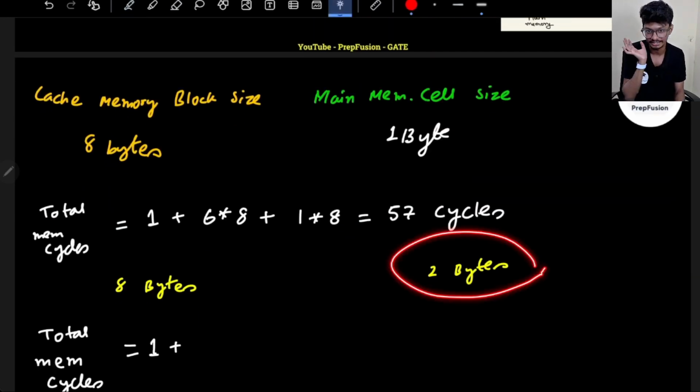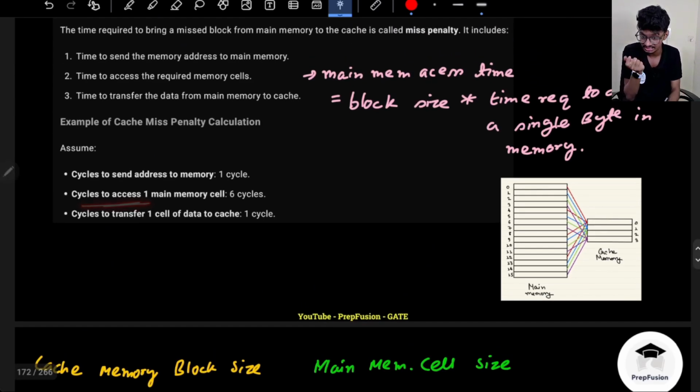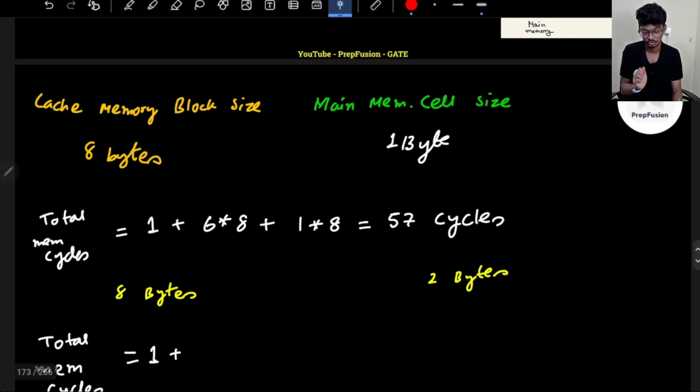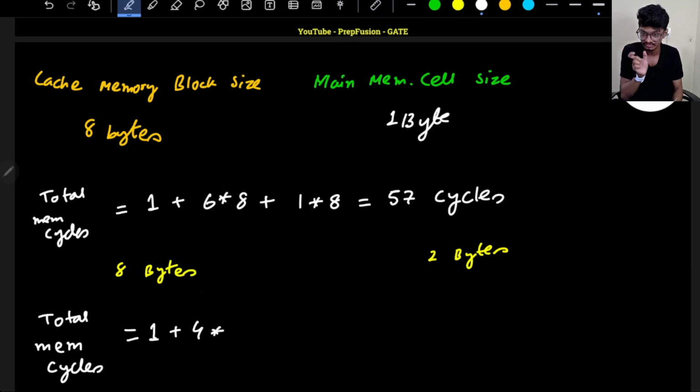Each cell is now 2 bytes, and I need 8 bytes of data, since each block size is 8 bytes. So I need to transfer 4 cells. And it takes 6 cycles to transfer one main memory cell from the main memory to the cache memory. I need to transfer 4 cells, because each cell has 2 bytes and in total I need to transfer 8 bytes, so 4 into 2 is 8. Each cell transfer time is 6 cycles, so overall it will take me 4 into 6 cycles.